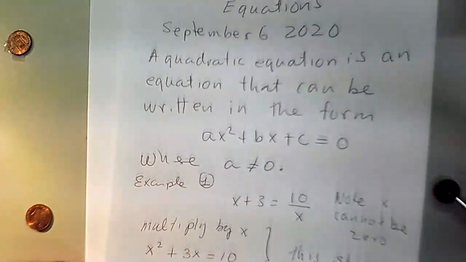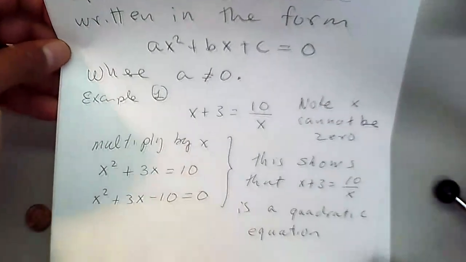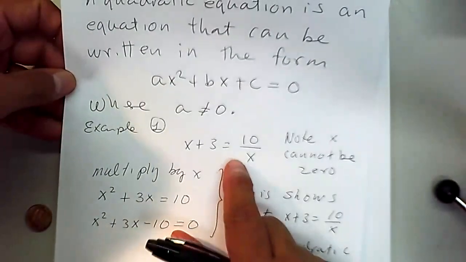So that's why we can tell it is a quadratic equation. Isn't that funny? Something that may not look like a quadratic equation is actually a quadratic equation.